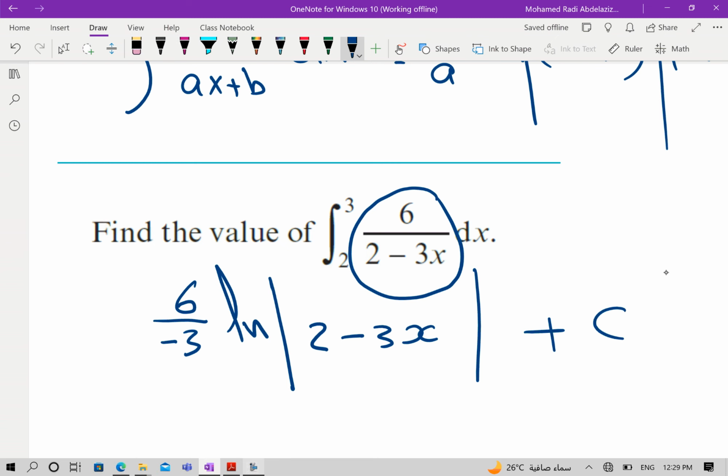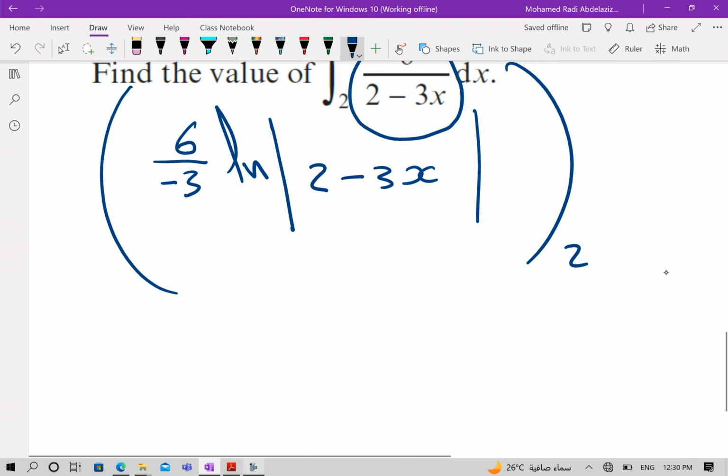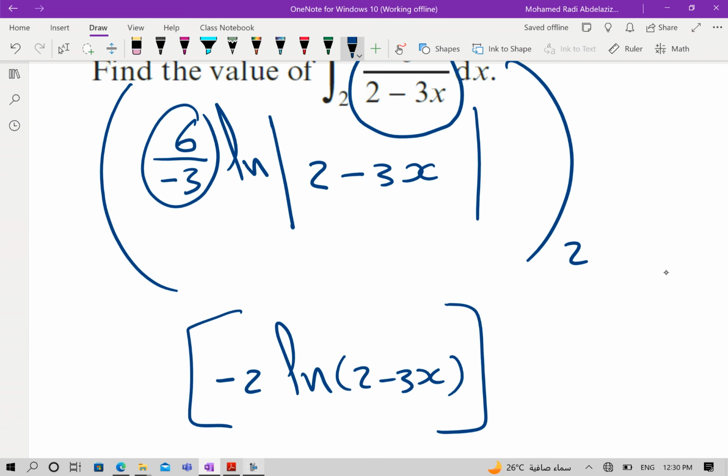No, we have a limit, so no need to write c. Then I will substitute by the value of 3, then substitute by the value of 2. But you can simplify. 6 divided by negative 3 is negative 2, ln of modulus 2 minus 3x, start and end.